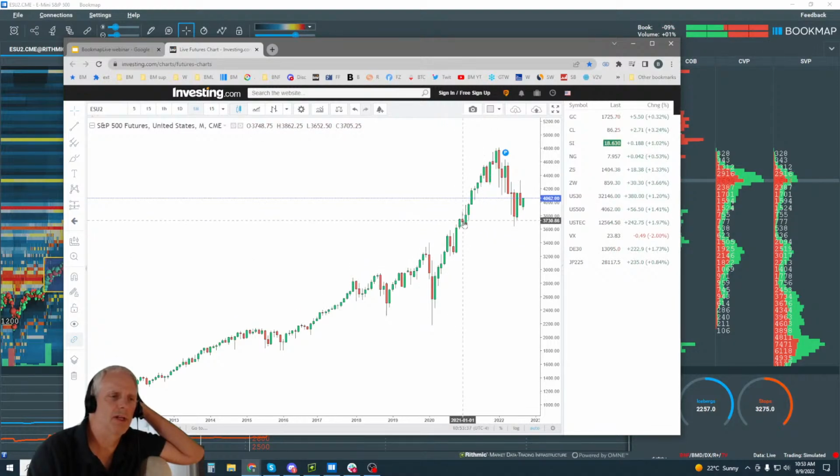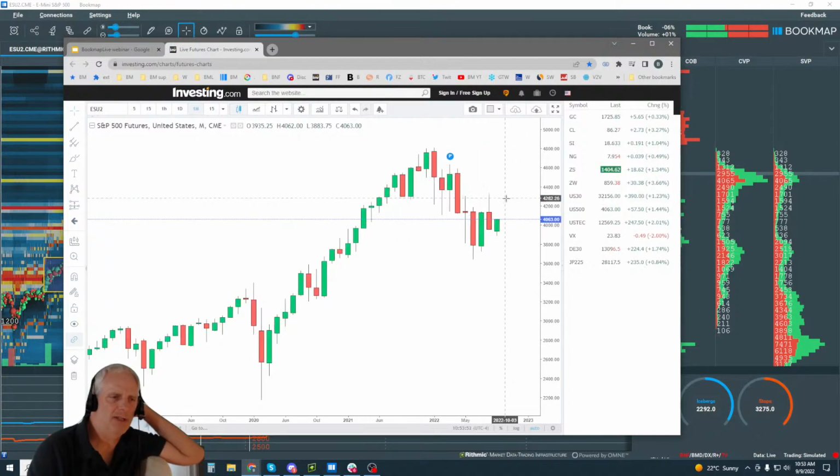See the little areas going sideways, and then the continuation, pullback, the same idea, same concepts, maybe top of the range down here as well. And look where it moved back up into, even on the monthly chart.